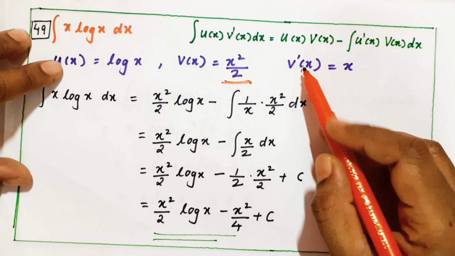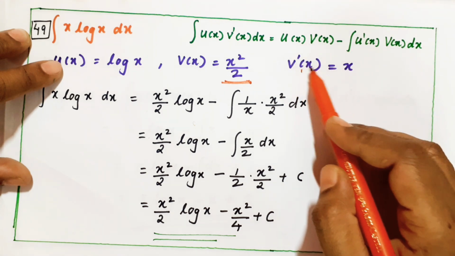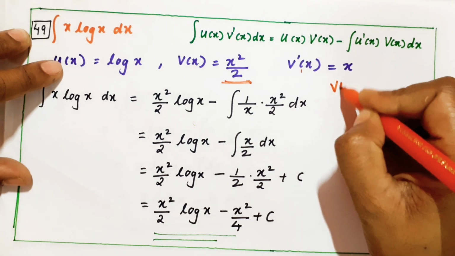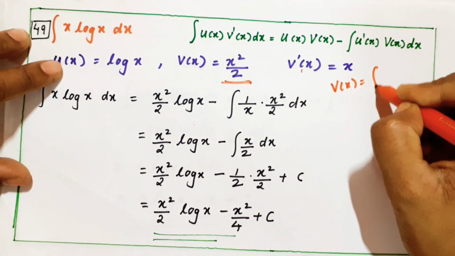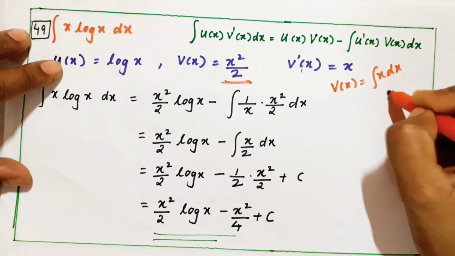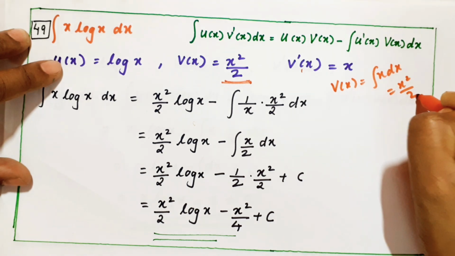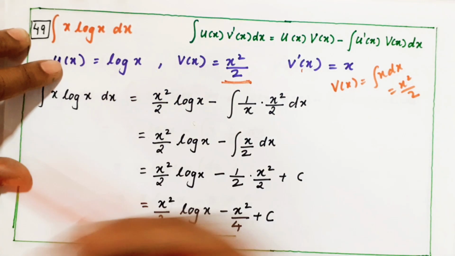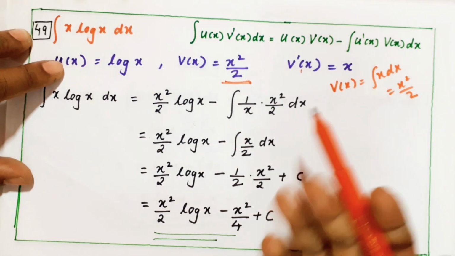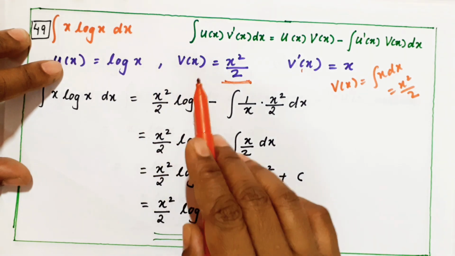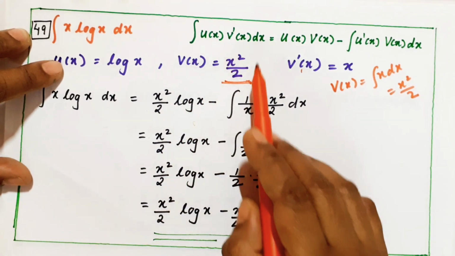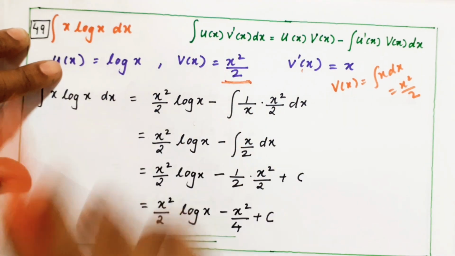If v dash x is x, what is v of x? V of x is nothing but integral of x dx. Integral of x dx is x square by 2. That is the reason I am writing v of x as x square by 2. Actually, they did not give it in the question. We are writing. By seeing the x, I understood v of x is x square by 2. Because x square by 2, if you differentiate, we get x.